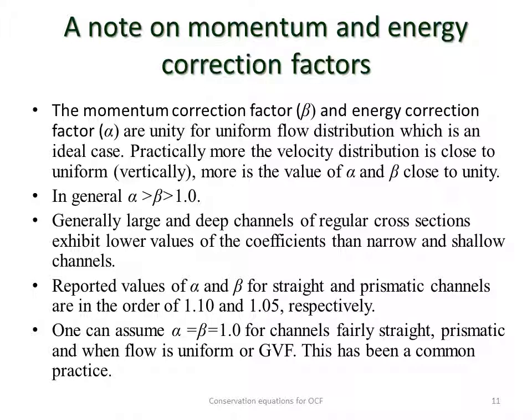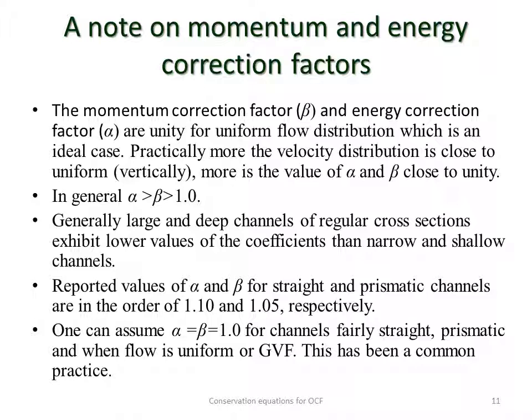So if the vertical velocity profile is close to uniform, remember we are not talking about uniform flow yet, we are talking about the uniform vertical velocity distribution, then the values of alpha and beta are close to unity. So the more uniform the distribution of velocity, the closer alpha and beta are to unity.